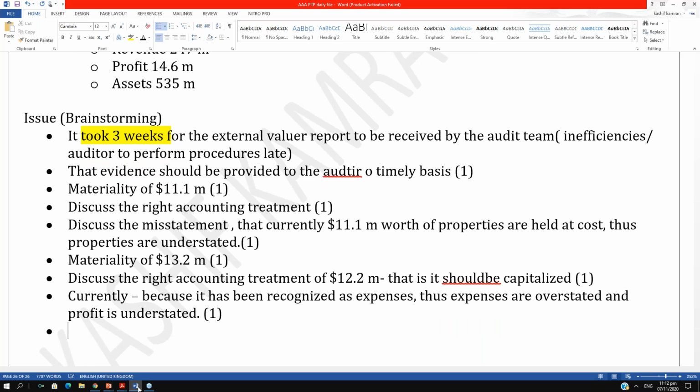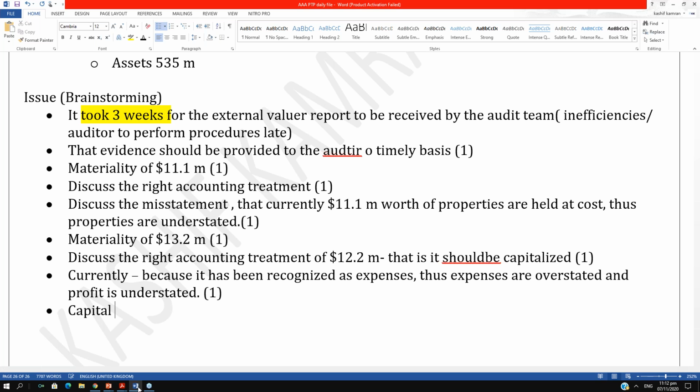Further, you have another problem: the capital expenditure is not authorized.